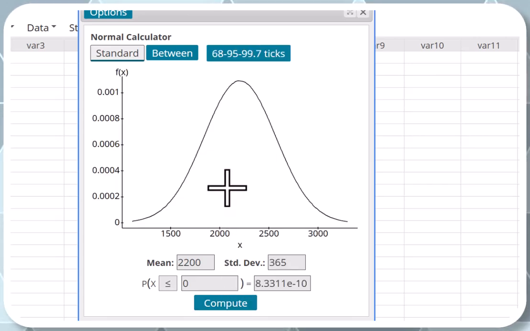Compute, and there you go. That's the normal curve. The mean is in the center, and you add 365, add 365, add 365, and same thing on the other side.